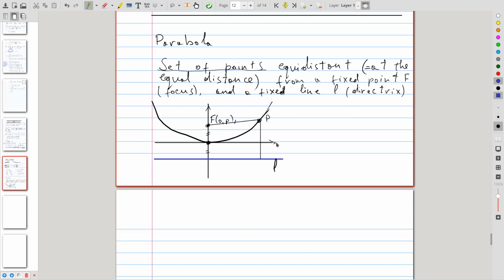Let's see, this one and this one. And this holds for every point on the curve. So for example, for this point here, again, this distance is equal to this distance, and so on.